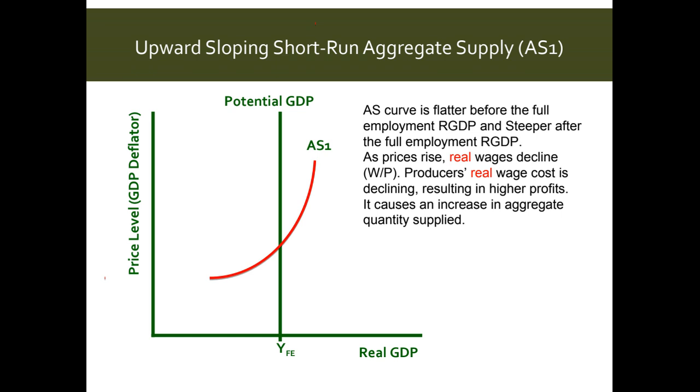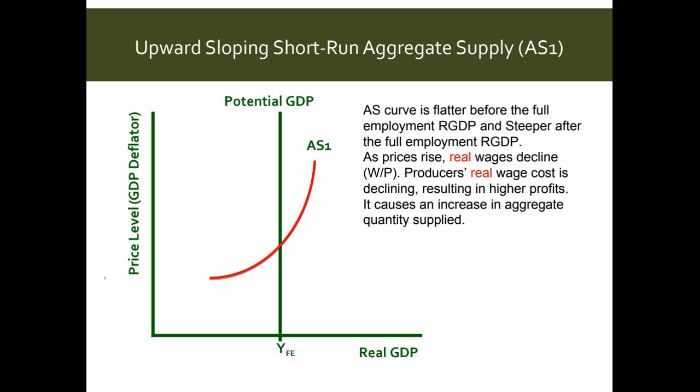So when real wages decrease, it means now the cost of production is also decreasing, because in real terms, producers can hire workers at a lower real wage because of higher prices. Of course, this will result in higher profits. And it causes an increase in aggregate quantity supplied.